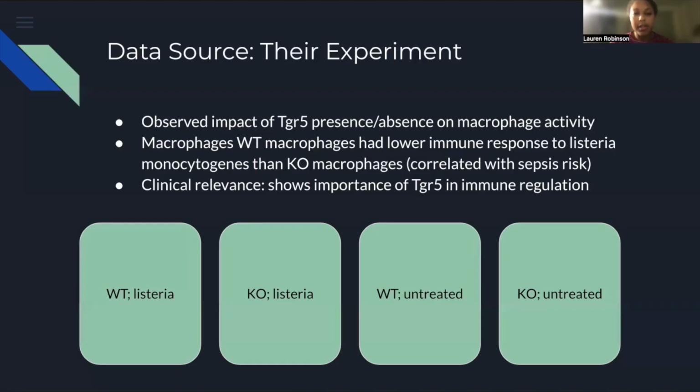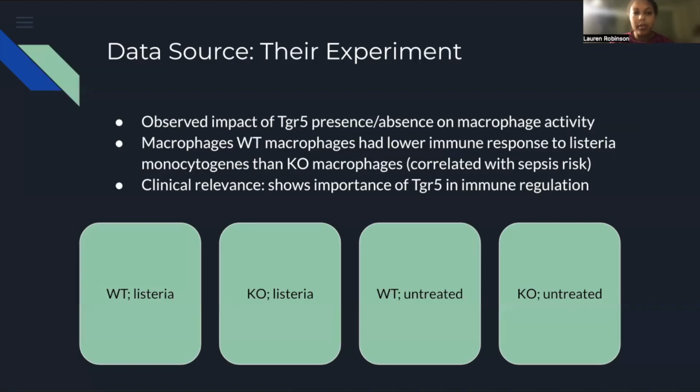What they found is that wild type macrophages had a lower immune response to listeria than knockout macrophages did. And you would think that you would want a higher immune response because you want to get rid of listeria, because this is bad bacteria that you don't want in your body. But like I said before, too much inflammation is also bad. And that's exactly what they found here, where the knockout macrophages that didn't have high expression of TGR5 had a higher risk of sepsis.